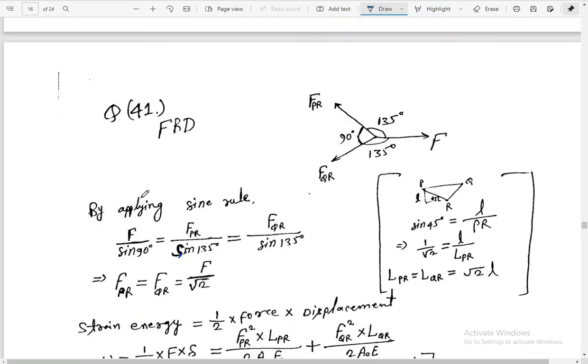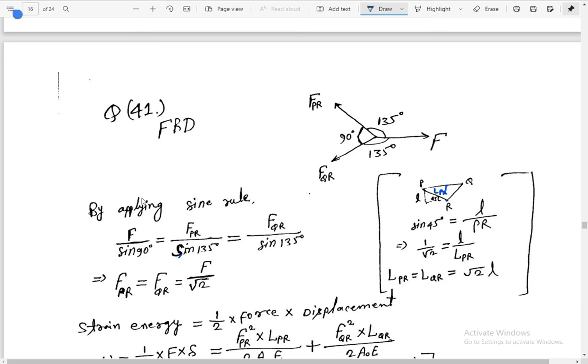So the angle is given 45. What should be the value of LPR? What is the length of PR? According to this trigonometric relation, we can find LPR or LQR, because both sides are the same, equal to root 2 L.